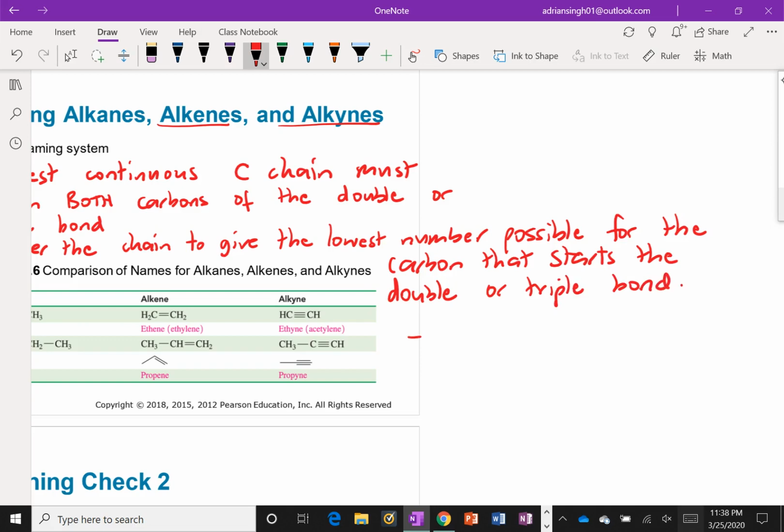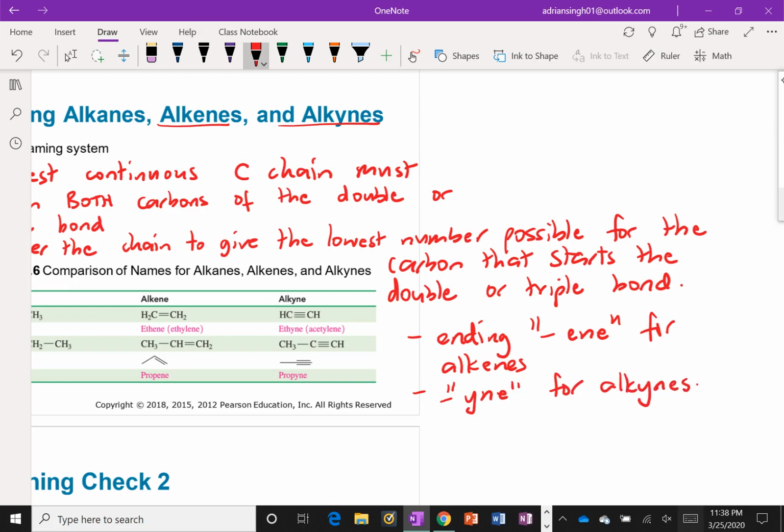And then, as we saw, we'll use the ending or the suffix ene for alkenes, or yne for alkynes.